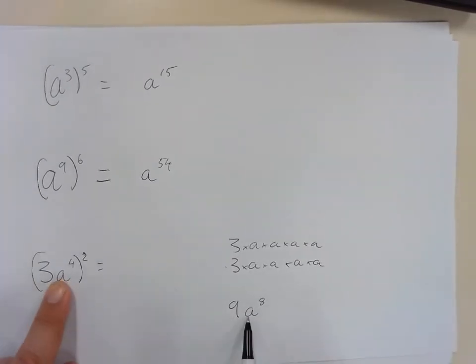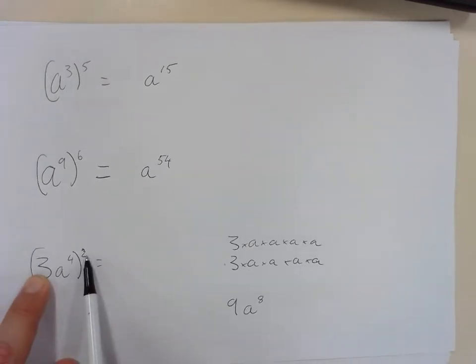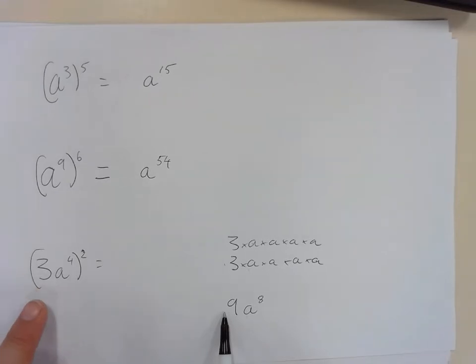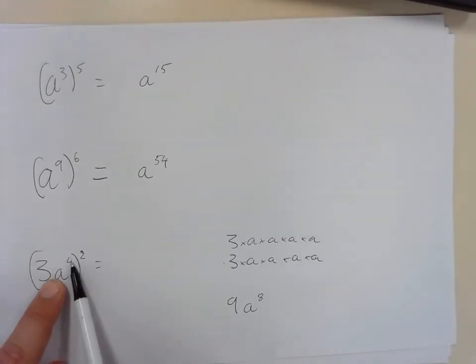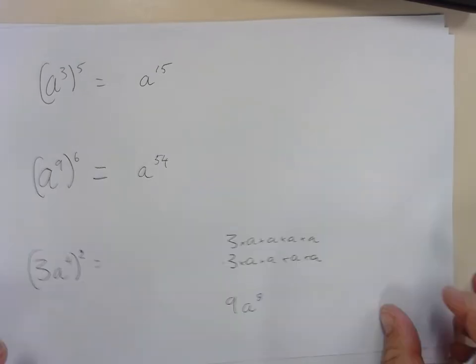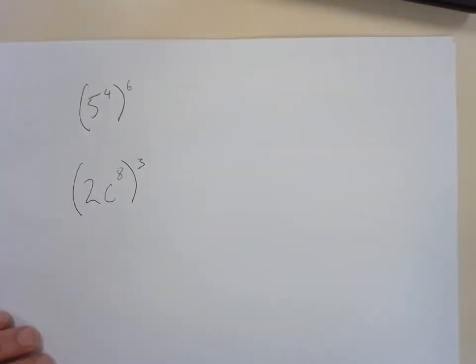And I go back and have a look at this and go, okay, how did I get that? Well, I square my 3 to get my 9, so I do my numbers first, just like I did with index law 1 and 2, and then I apply my index law number 3. 4 times 2 is 8. Got to be careful with that. I'll do another one just because it's probably a good idea.